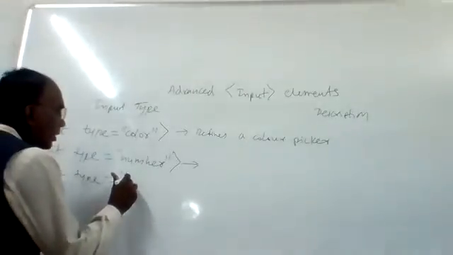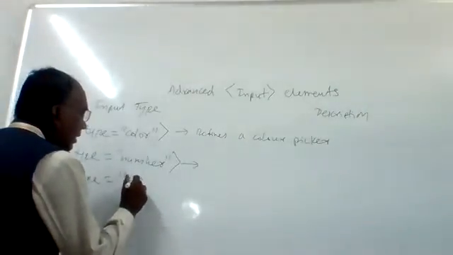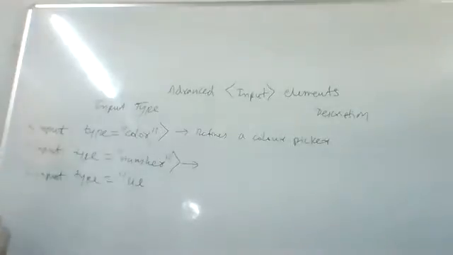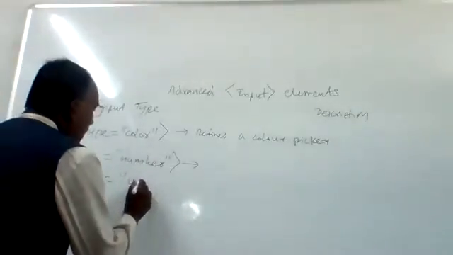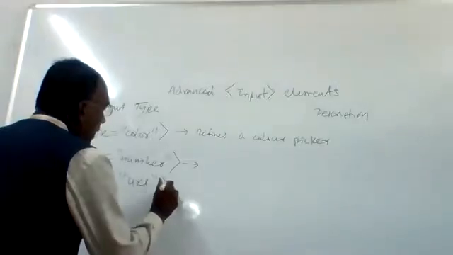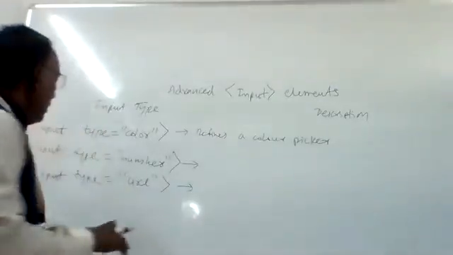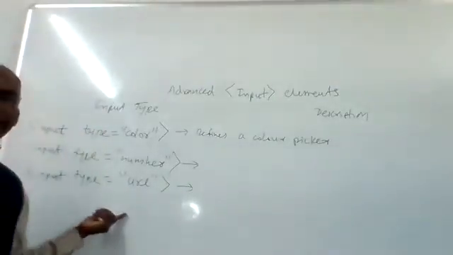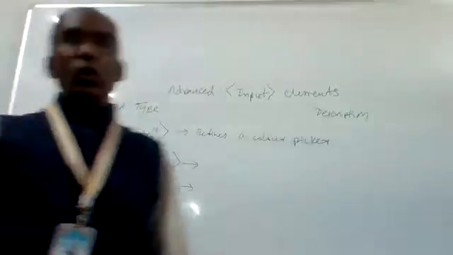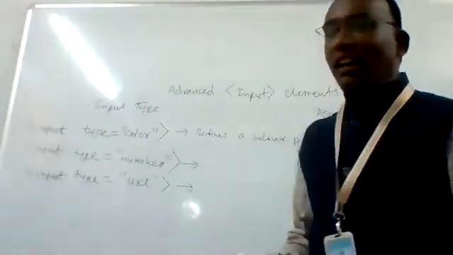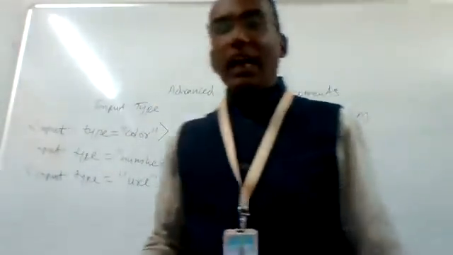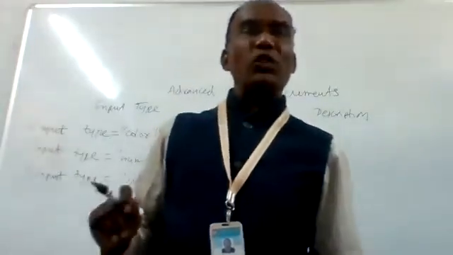The next input element is input type is equal to URL. It defines a field for entering a URL, uniform resource locator.